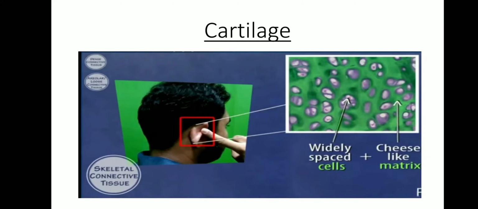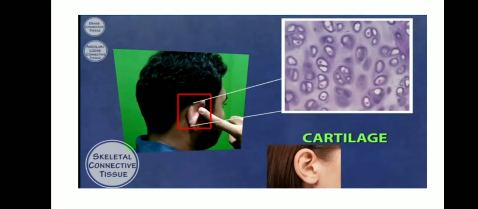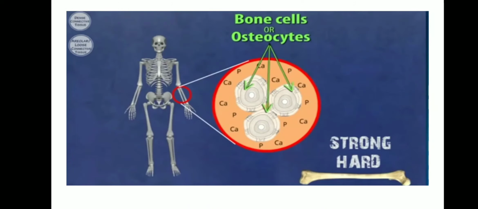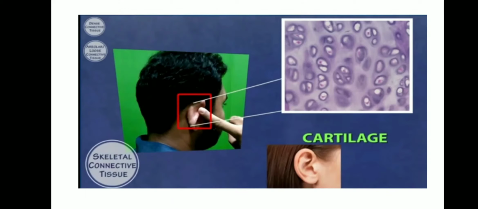They have got widely spaced cells and cheese like matrix is present in between, so that this kind of bones are soft in nature. So these are all the bones which are very soft. So one cartilage is over, coming under supportive connective tissue.